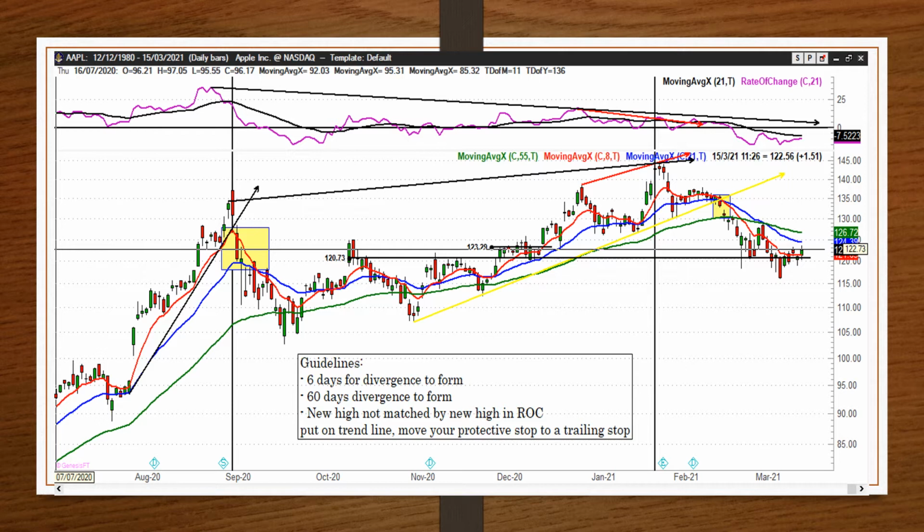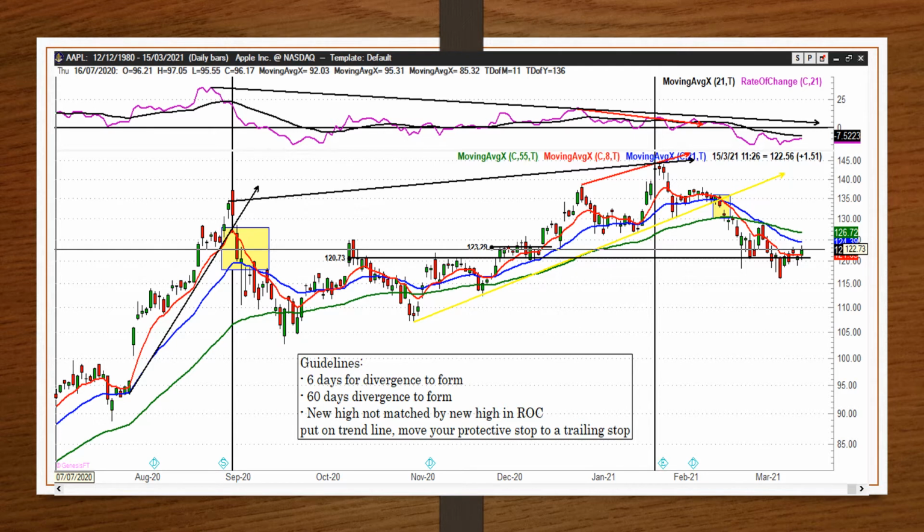If we follow the black line up to the rate of change in the upper panel, we'll see that the rate of change does not match the price with a new high of its own. So if you've got a new high in price and the rate of change doesn't have a new high, this is divergence. This is a warning, and consequently we need to take action.